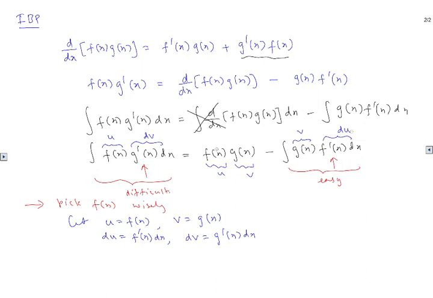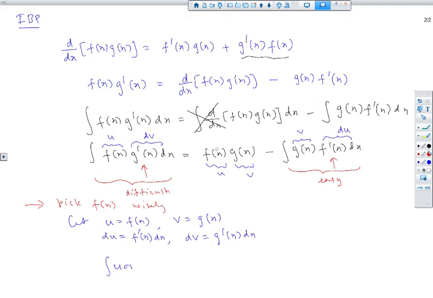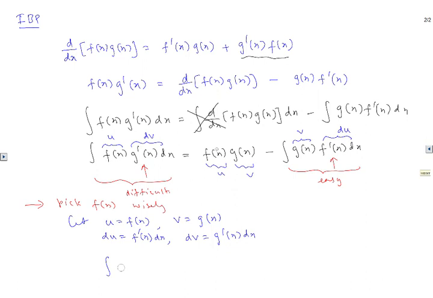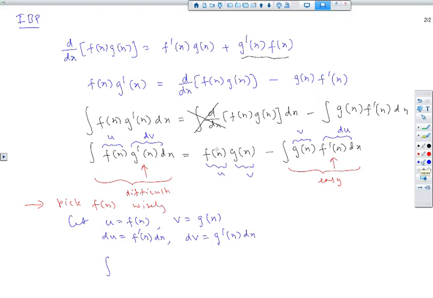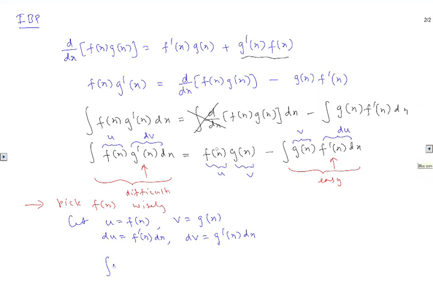So your integration by parts formula now becomes the integral of u dv equals uv minus the integral of v du, right?